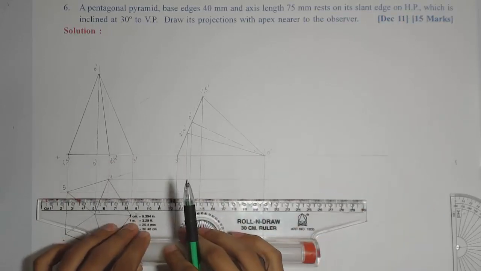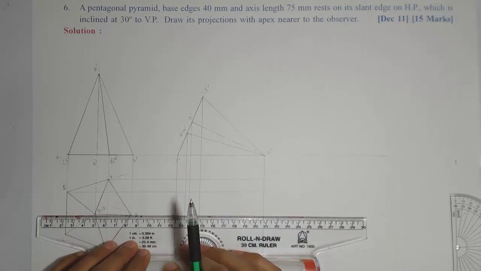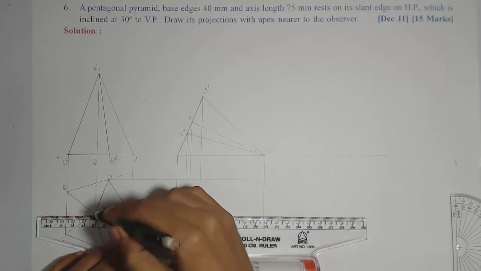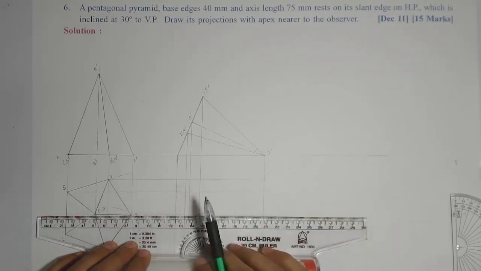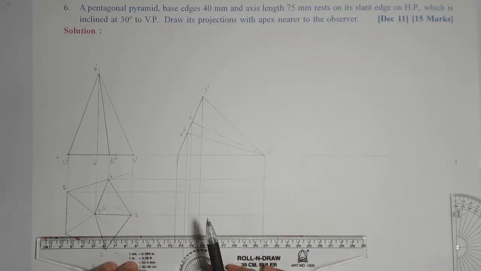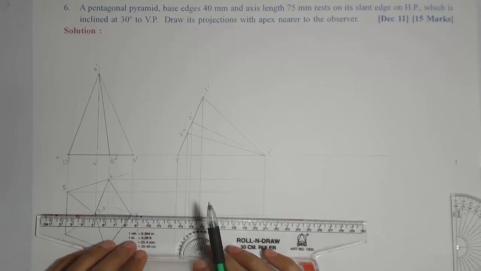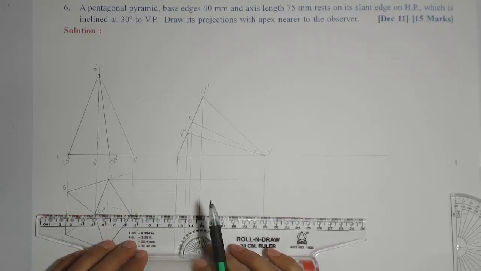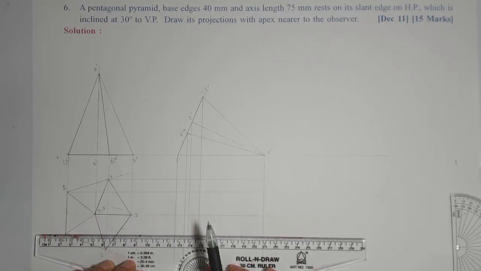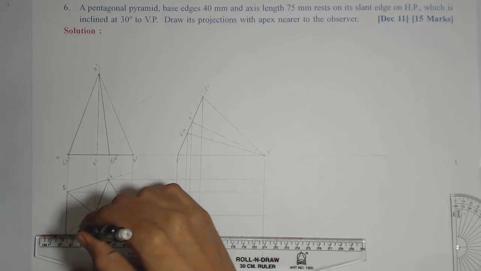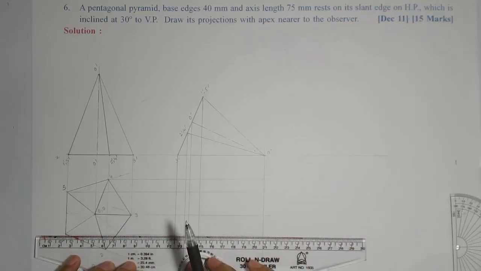Also, the initial position of the base is important. When to keep the corner on the right hand side and when to keep the base edge on the right hand side will depend on the question. So you should be clear how to draw the base, because if you initially mark the base wrong, then your entire solution will be wrong. So the first stage is important.